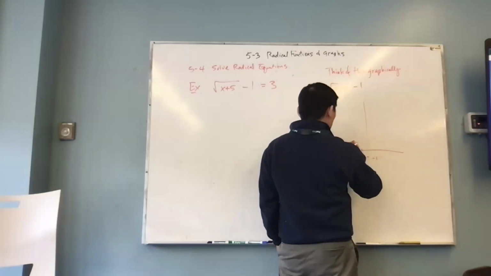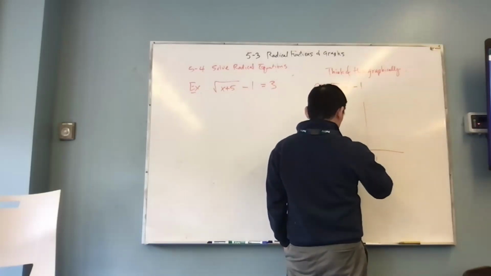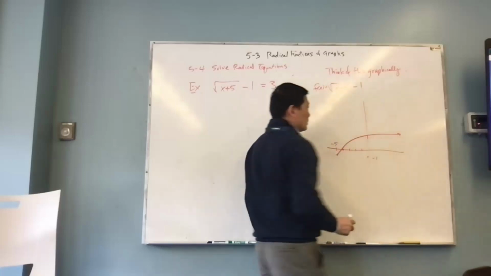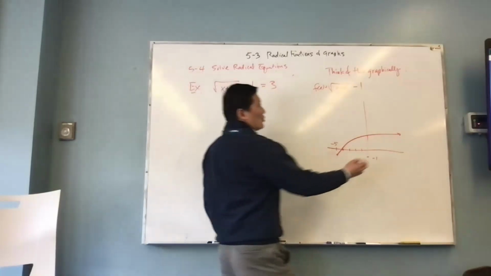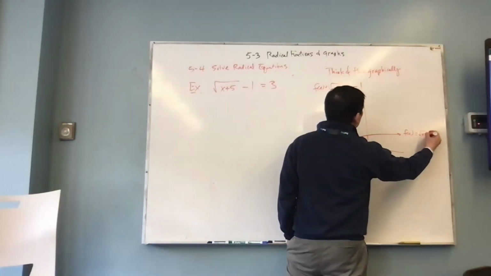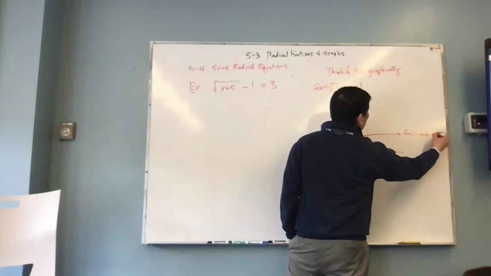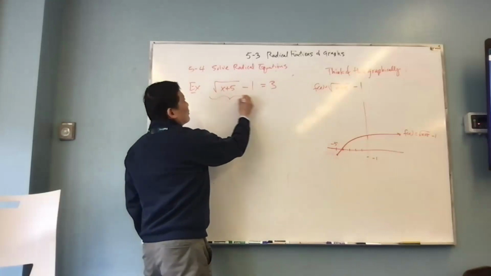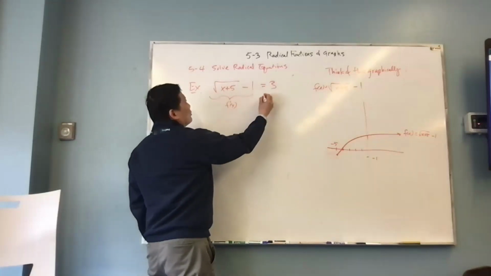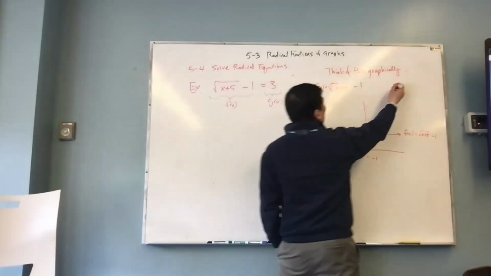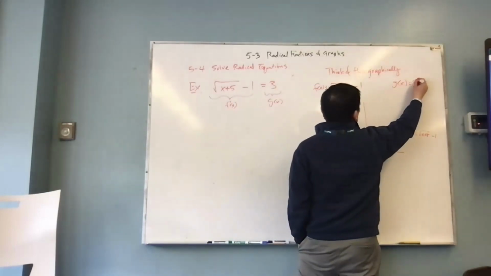Let me redraw this a little bit. Like this. This is your f of x. So you can think of this as f of x here, but you can think of this as g of x, where g of x is equal to 3.